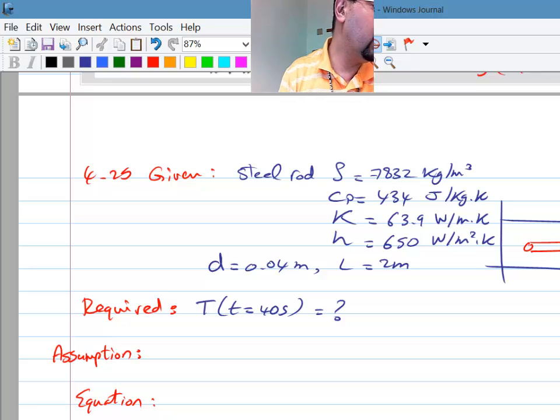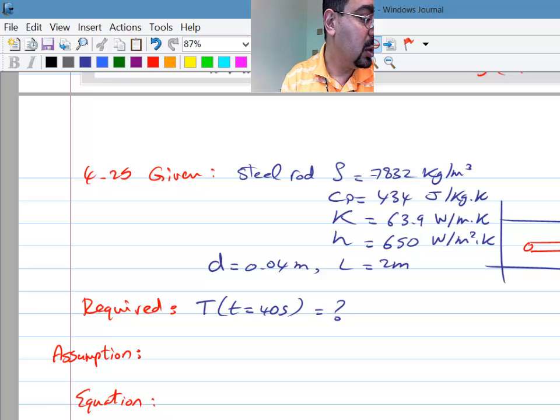The average temperature of the rod when they are taken out of the oven is to be determined. So we would like to get the temperature after 40 seconds. Initially it was 850, and he is dumping it in 50 degrees C water, and he gives you the rho, the Cp, the k, h, and L, and D.